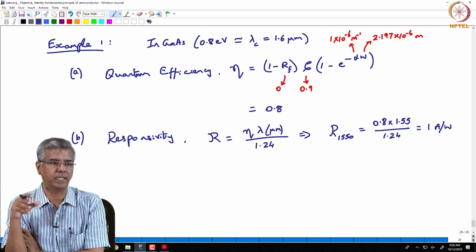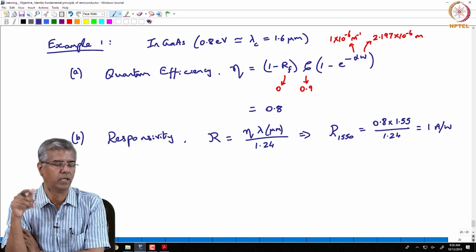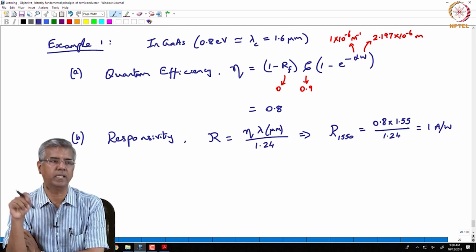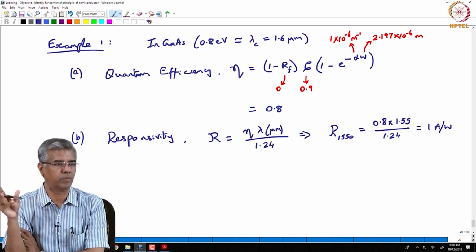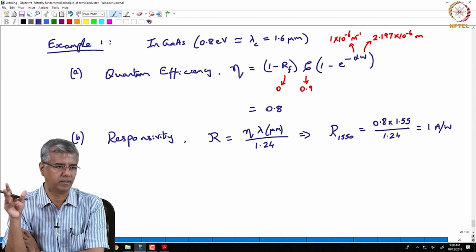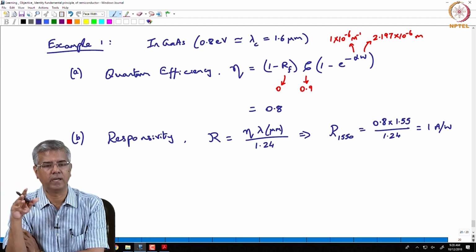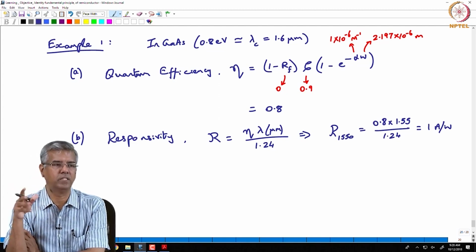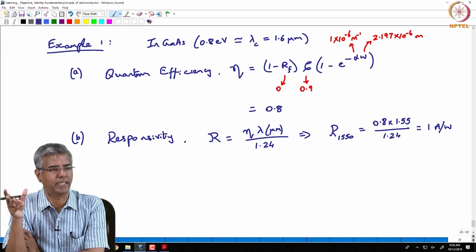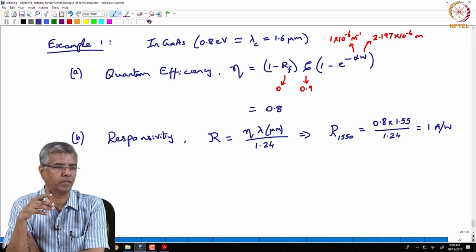But in the case of detector, you do not have that sort of constraint, because all you are trying to do is just take the electron out of the valence band, right. If you are just able to take the electron out of the valence band, you do not care whether part of the energy is going into vibrational energy and all that. So, you do not have as much of a constraint as far as detection is concerned compared to the emission.